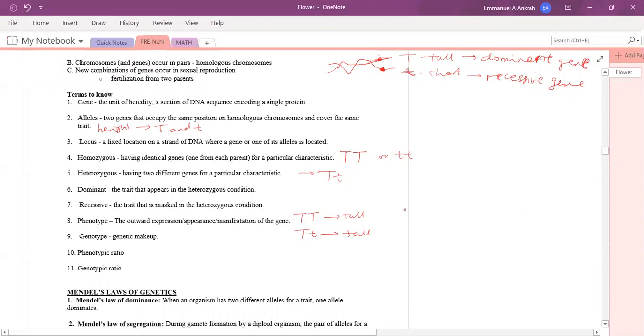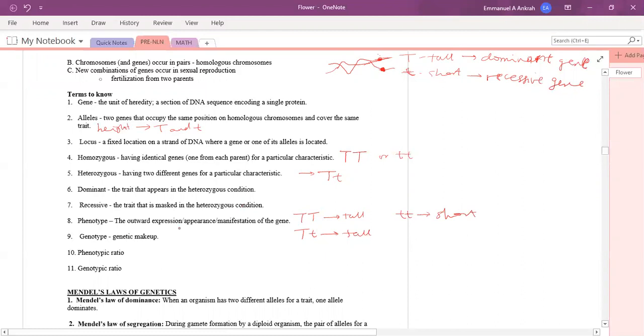If the person has 2 lowercase t's, then this person is going to be short. The recessive gene will only show itself if it is the only gene present. It's suppressed in the heterozygous state. So that is a phenotype, the outward expression.